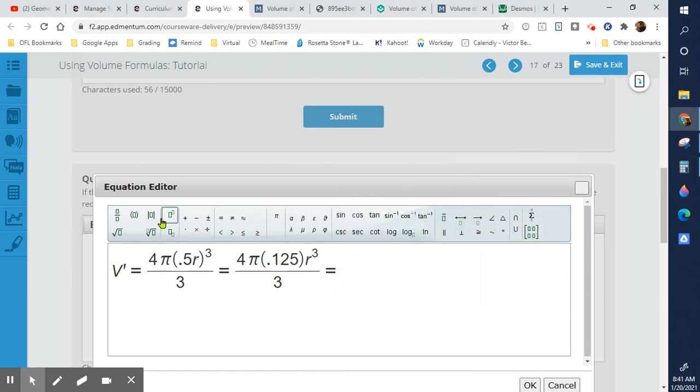So when we write this again, we're going to have another fraction where it's going to be 0.5 pi r. We're going to cube this, and it's all going to be divided by 3. So if we look at this compared to our regular v, not our v prime, let me copy this.